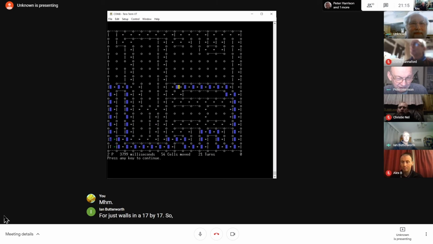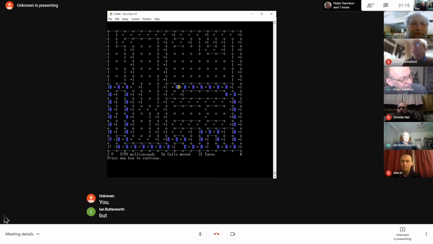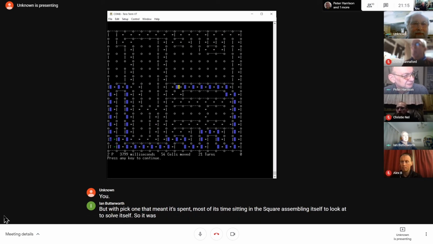So as you visit a cell, you construct the cell walls from the fact that it's a 17 by 17 array of walls. But with Pick 1, that meant it spent most of its time sitting in the square, assembling its cells to solve itself. So it proved to be quite elegant, but very slow.